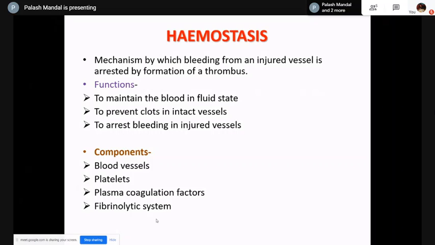A thrombus is as good as a clot, but clot and thrombus have some differences. A clot can be an external clot also, outside the body, but a thrombus has to be within the body. Okay, functions, we have discussed the functions of hemostasis. The components we know because we have discussed all these things in our previous lectures.